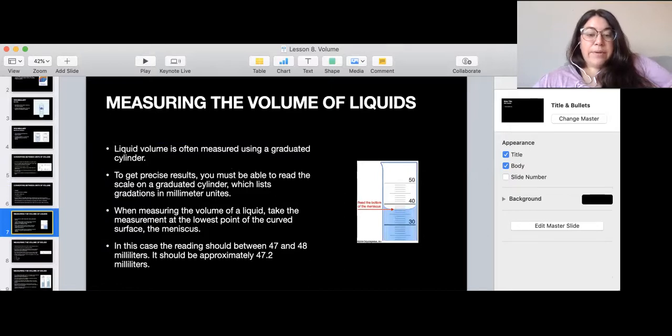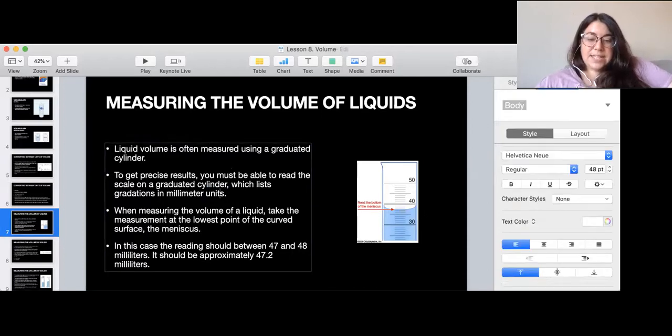Remember that I talked about meniscus in the vocabulary. When measuring a liquid, you take the measurement at the lowest point of the curved surface. Usually when you measure liquid, you measure it in a graduated cylinder, and you must be able to read a scale on the cylinder, which has gradations in milliliters.